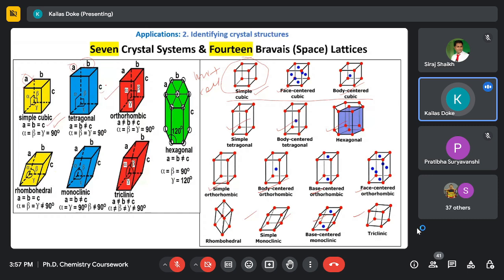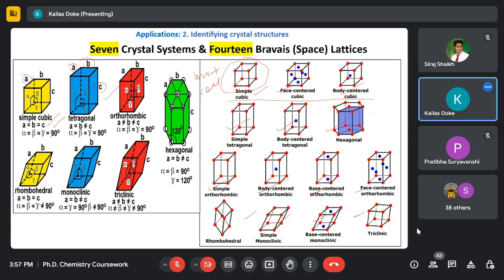Those crystal systems out of the 7 which are more symmetric, we can analyze manually using some mathematics. Those which are asymmetric cannot be analyzed easily using simple mathematical knowledge, so for that we use software.